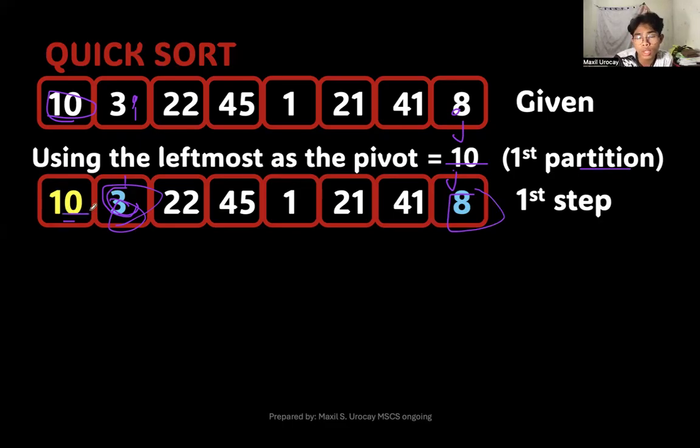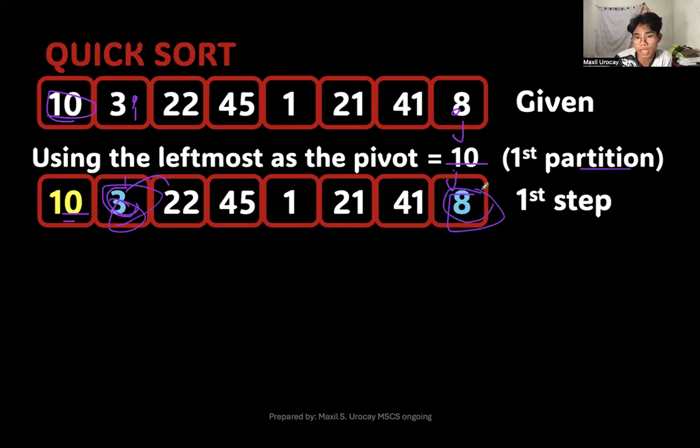So our goal is to put it in the leftmost, so that those with lesser values are placed in the leftmost array. Now, you will increment the I and decrement the J.